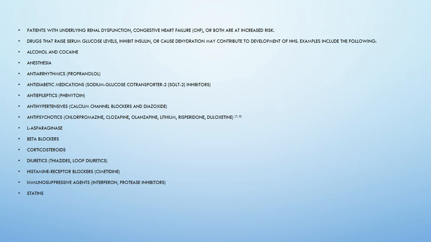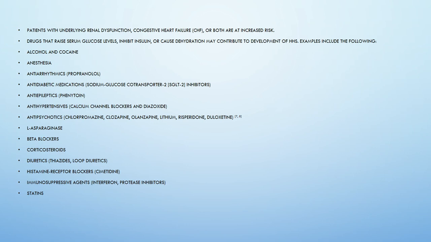Other things that can also increase the risk of HHS are drugs that raise serum glucose levels, inhibit insulin, or cause dehydration. Alcohol and cocaine could also cause the dehydration and the HHS.